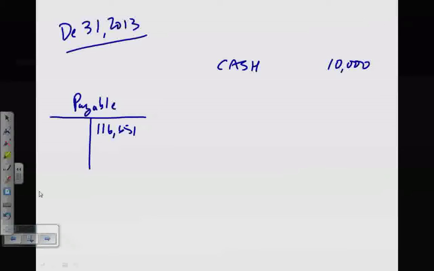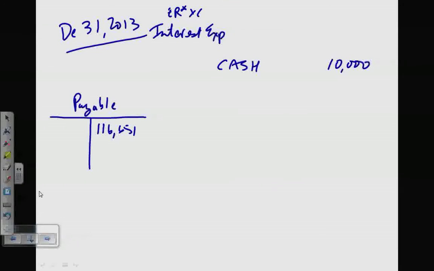So my interest expense is the 4% times the carrying value. Remember, it's the new effective rate times the carrying value, or 4% times $116,651.